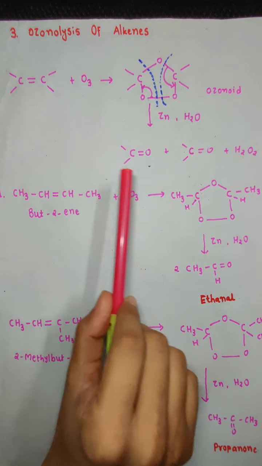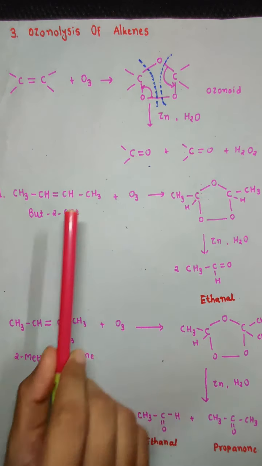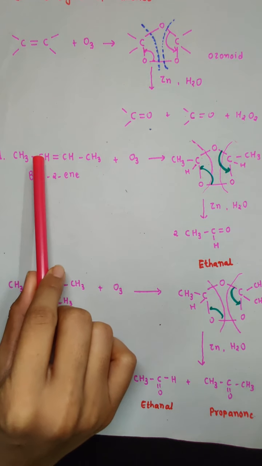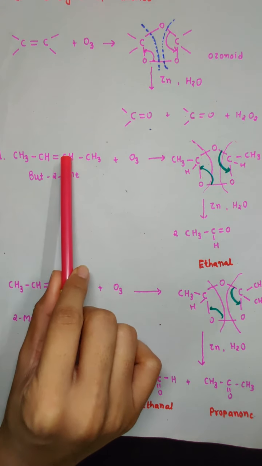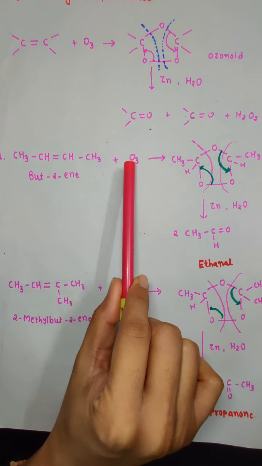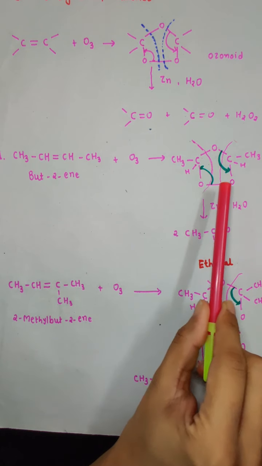So now let us understand this entire reaction with the help of an example. Here I have given you an example of but-2-ene, CH3 single bond CH double bond CH single bond CH3. But-2-ene on ozonolysis gives ozonoid. अब देखिए ये ozonoid कैसे बनता है.